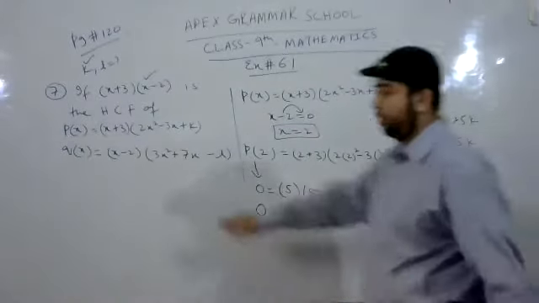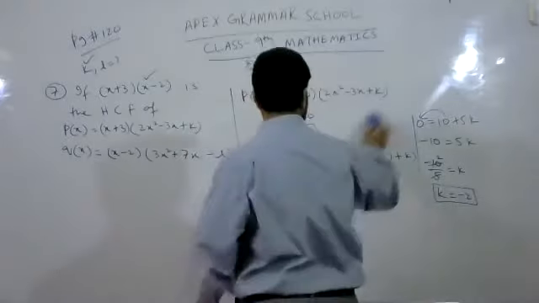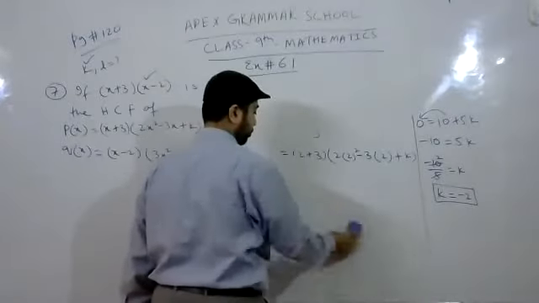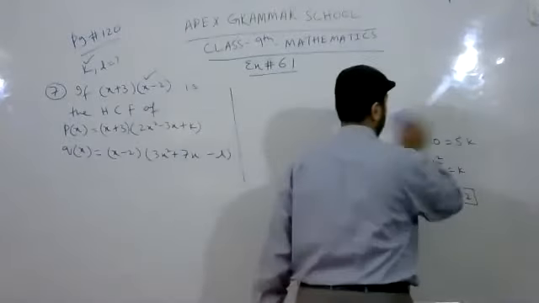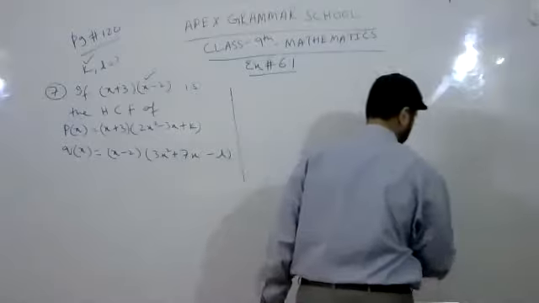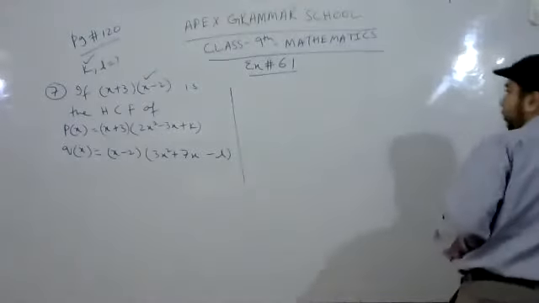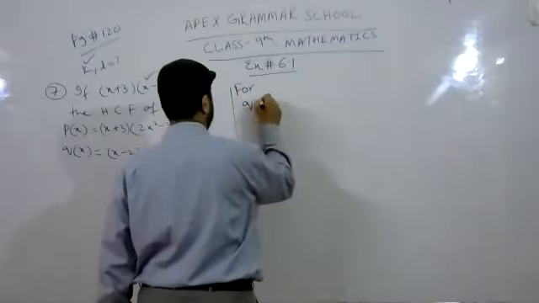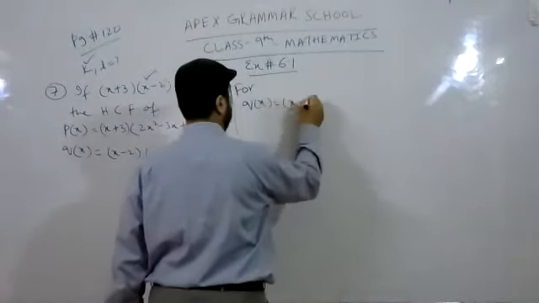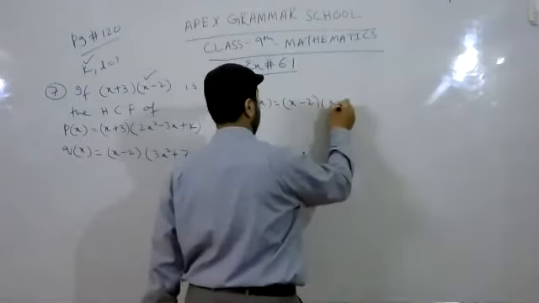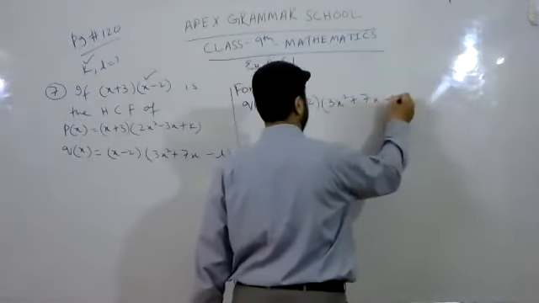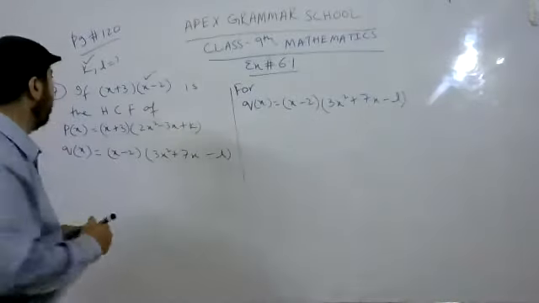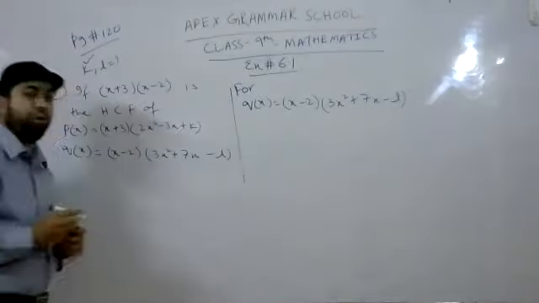So now we will solve this polynomial q of x, which is 3x squared plus 7x minus L. Now you can realize which factor we are going to use.